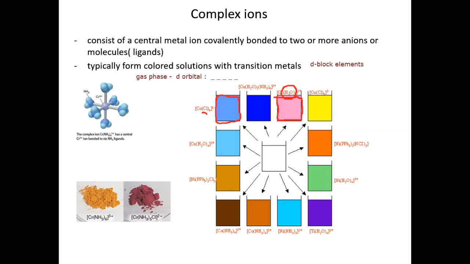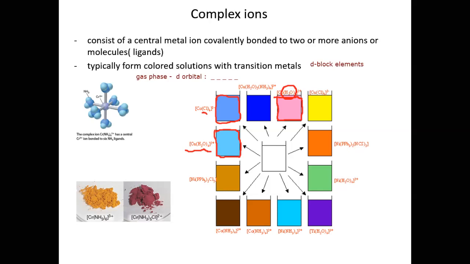For example, here we have copper with 6 waters. Hexaaqua copper gives you that characteristic light blue color that we always talk about. That's the characteristic color of copper, because when you put copper in water, it forms copper hexaaqua cation.